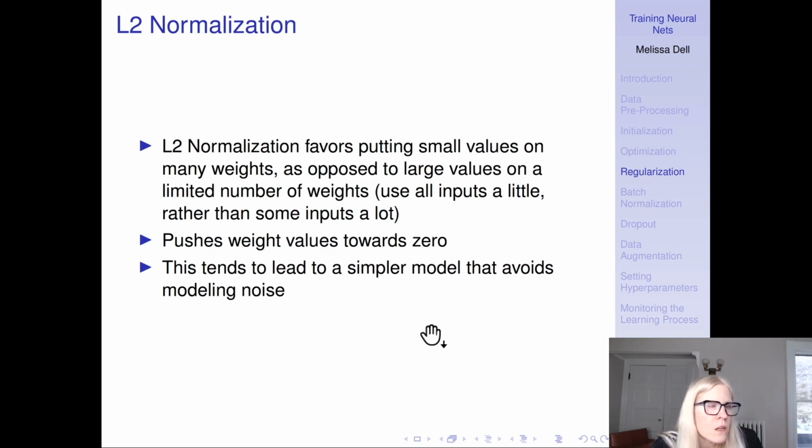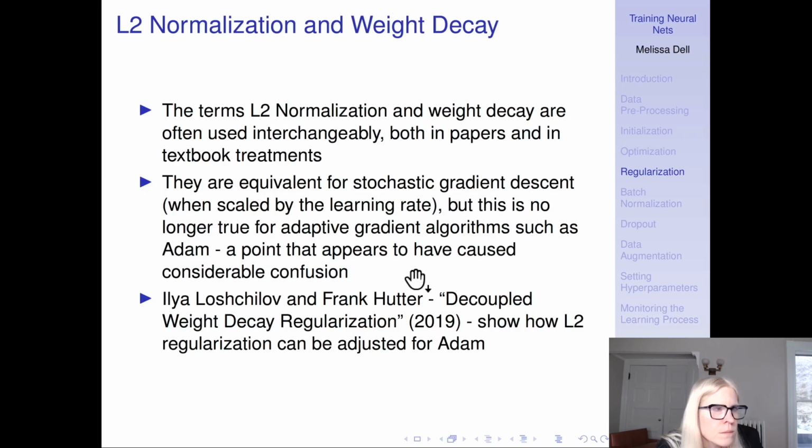So what L2 normalization does is to favor putting small values on many weights as opposed to large values on a limited number of weights. Use all your inputs a little rather than letting some inputs be used a lot. And so this is going to push the weight values towards 0 since you're disincentivizing using some weights a lot, which tends to lead to a simpler model that avoids modeling noise.